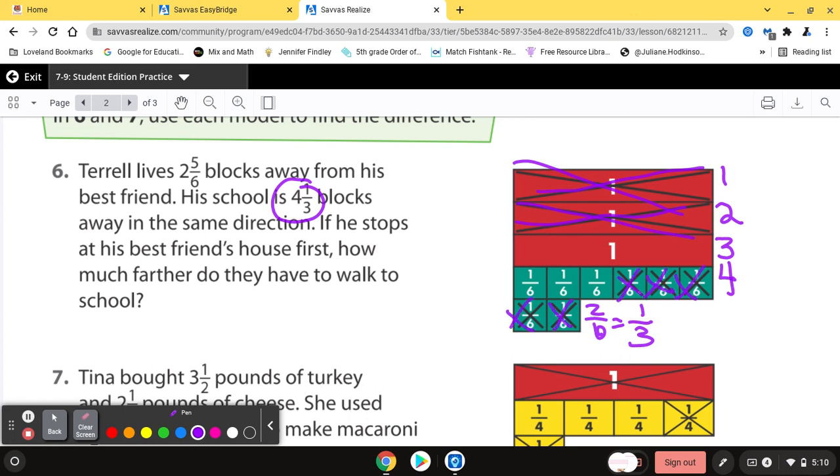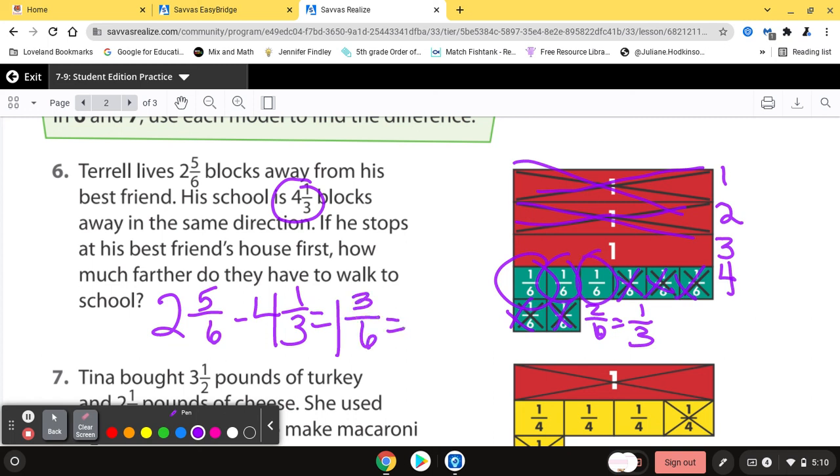You can see the part that does not have x's on it is what our solution would be. As an equation, 4 and 1/3 minus 2 and 5/6 is 1 whole, and then 3/6, which in lowest form is 1 and 1/6.